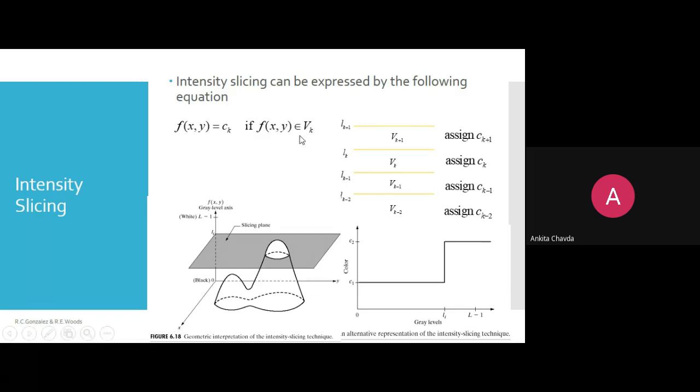You need to check your intensity, because f of xy will always give you intensity. If we talk in terms of MATLAB, if I say f of 1, 1, you mean first row, first column, and whatever intensity is there, it will simply return. So for f of xy, whatever the intensity is over there, you assign that color.